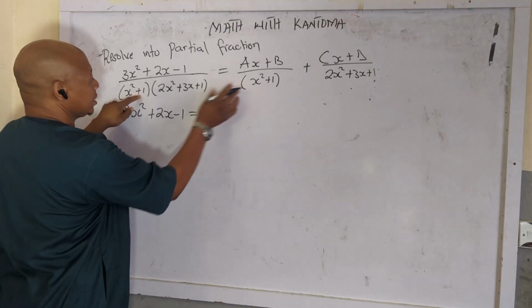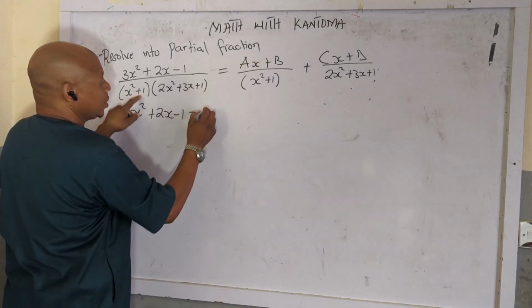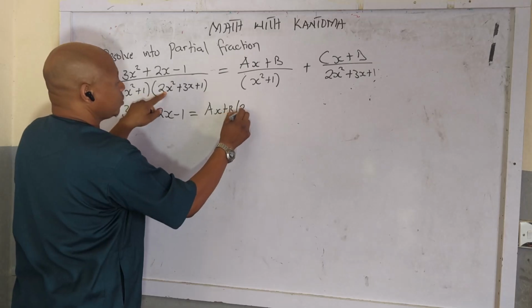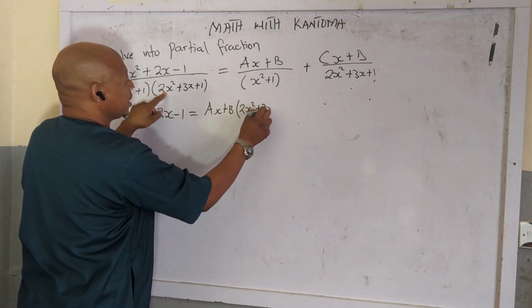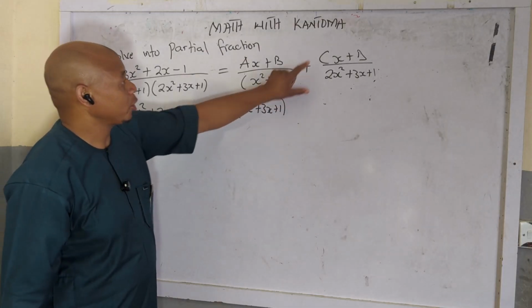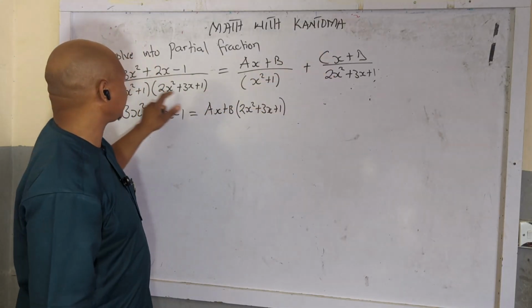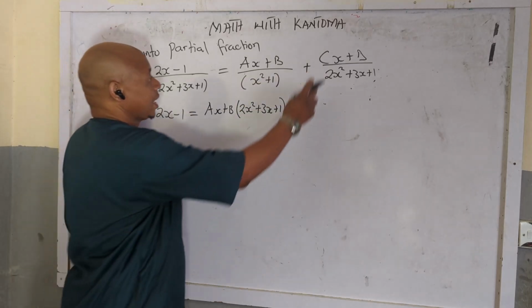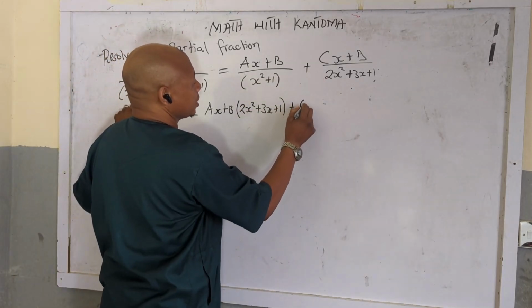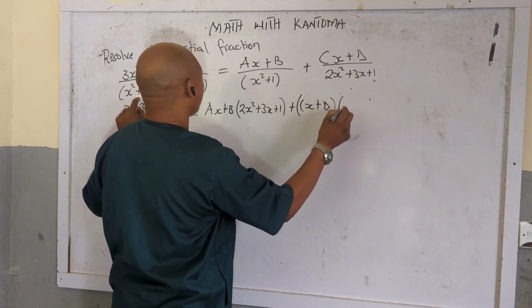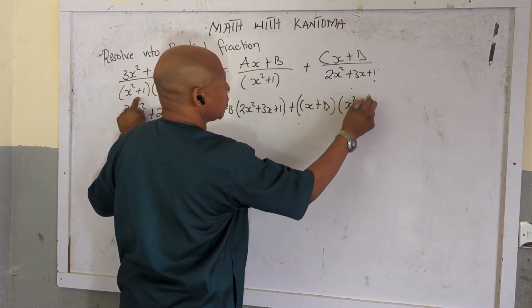This will cancel this, leaving this times this. So I will have ax plus b times this value, 2x squared plus 3x plus 1. Then next, multiply this fraction by the LCM. So this will cancel this, leaving this times this. So I'll have plus cx plus d times this one now, which is x squared plus 1.